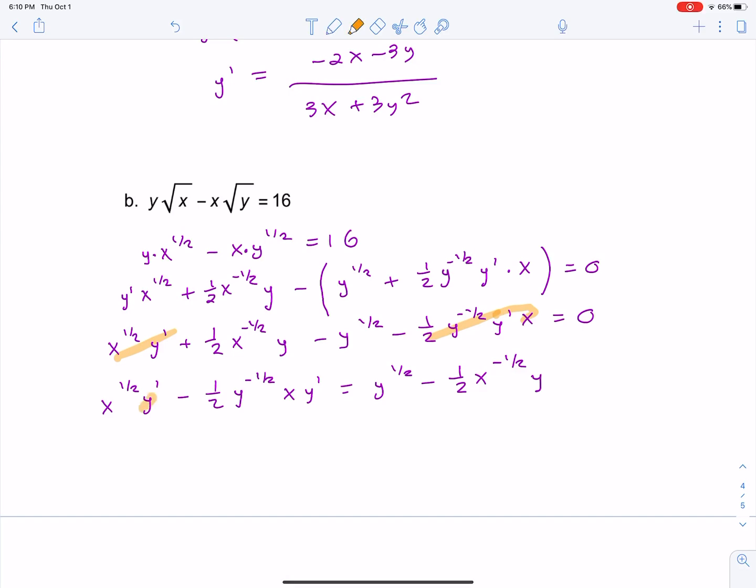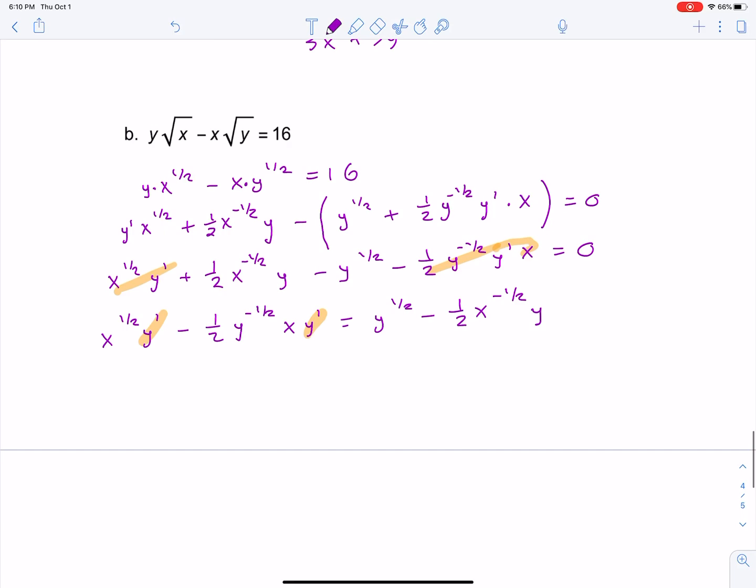So y prime in each of these. So I'm going to factor that out. So I get y prime times x to the 1/2 minus 1/2 y to the negative 1/2 x equals all that stuff. So y to the 1/2 minus 1/2 x to the negative 1/2 y. And then finally, I'm going to divide both sides by that stuff.